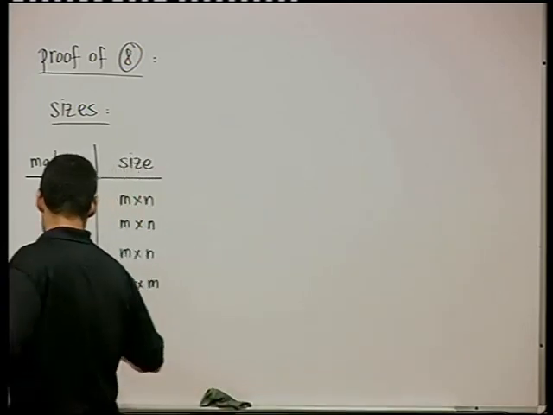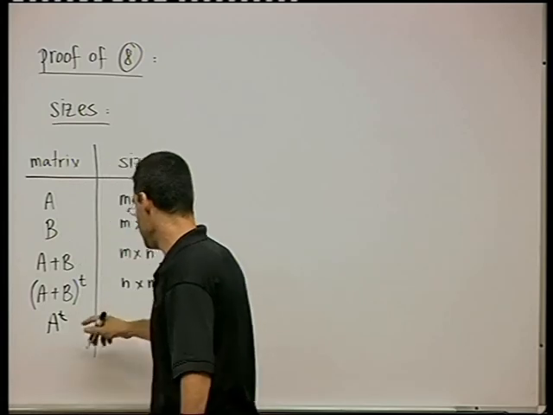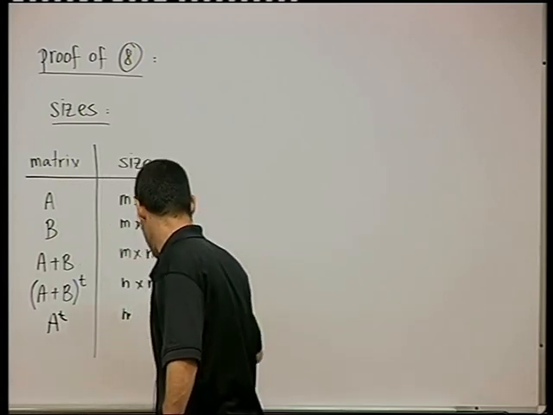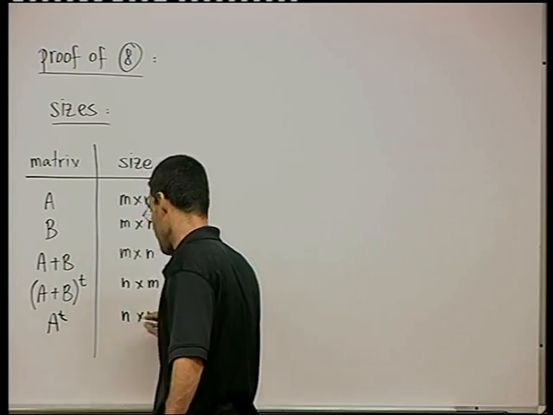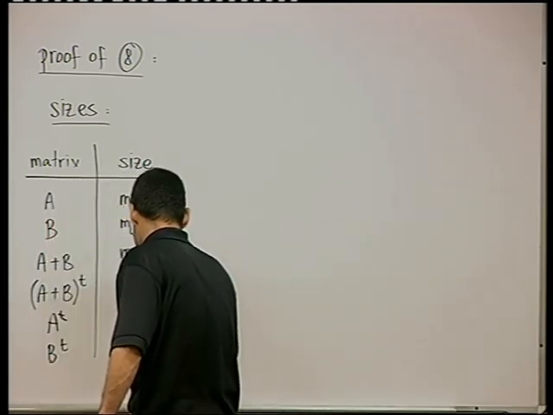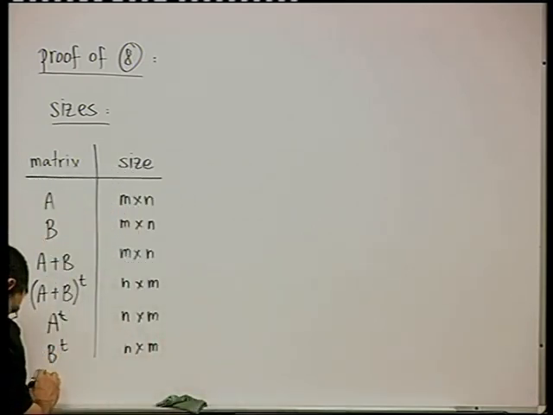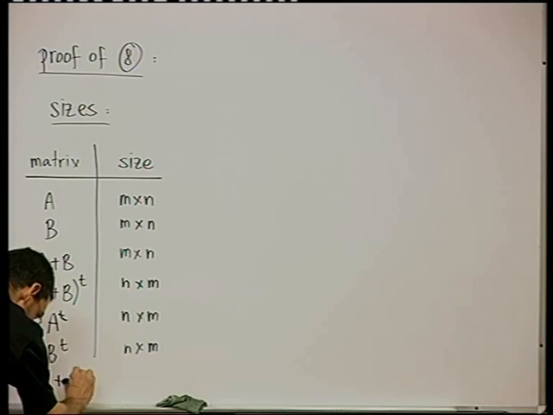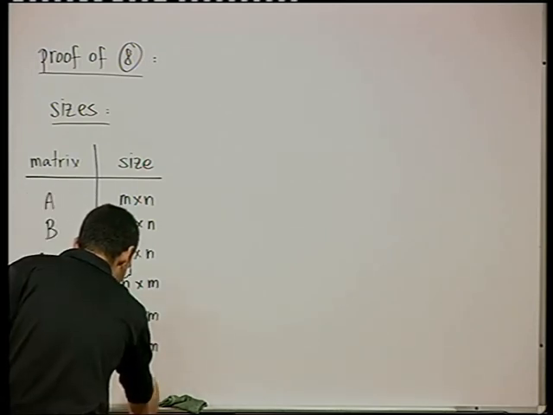Okay. What is the size of A transpose? A was m by n. A transpose is n by m. B transpose is also n by m. And therefore their sum, A transpose plus B transpose, is also n by m.